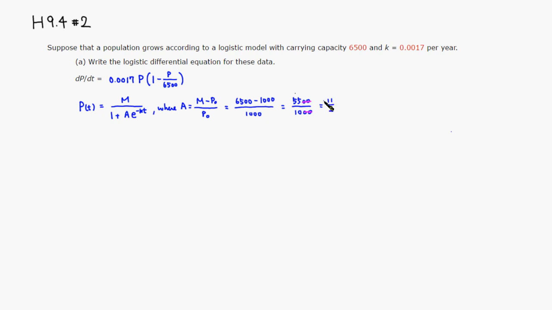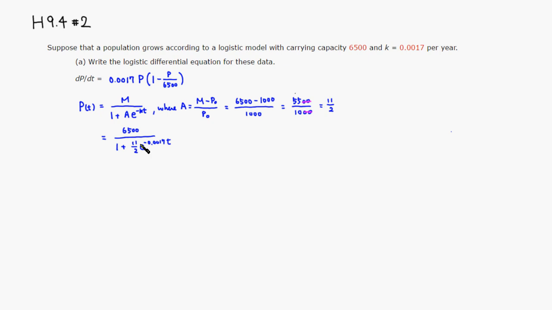And so P of t, going down here, we still have 6,500 over 1 plus 11 over 2 e to the negative 0.0017t. And we can probably leave it like that.